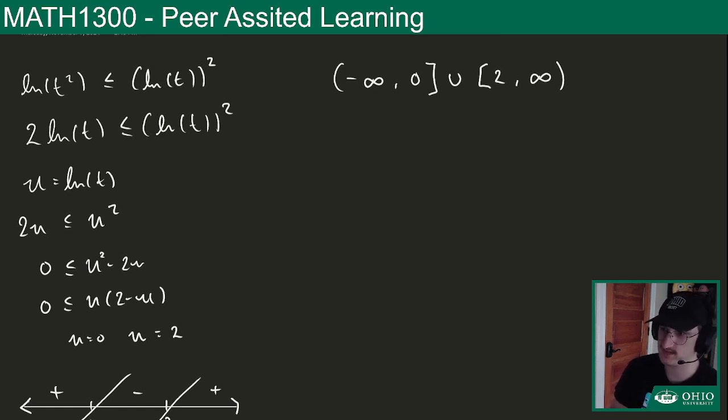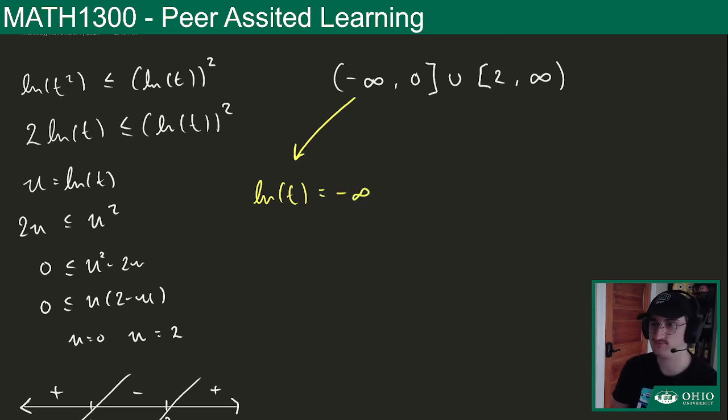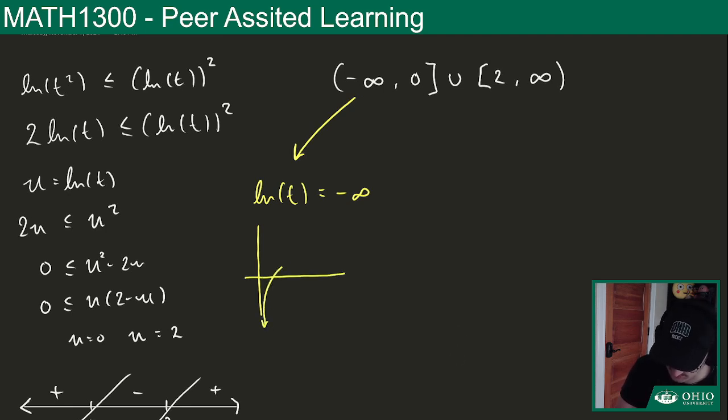So instead of negative infinity, what I need to do, because negative infinity is what u equals, and if u equals negative infinity, well, I need to know when does the natural log of t equal negative infinity. Now, of course, there actually isn't a point on the natural log of t where it equals negative infinity, but the intuition you need to know is that on the graph of natural log of t, there is an asymptote that goes down to negative infinity, and that asymptote's occurring at 0.